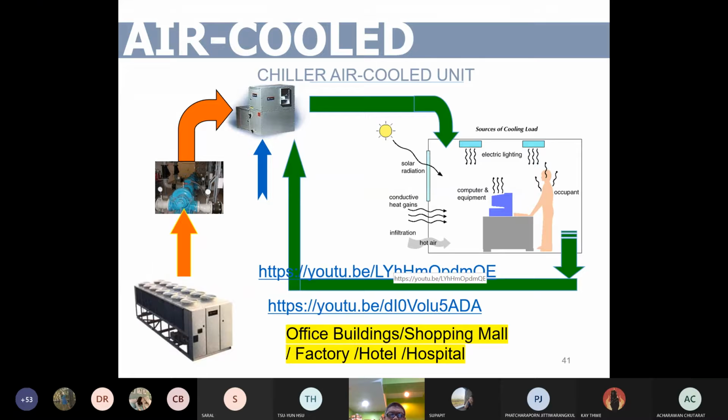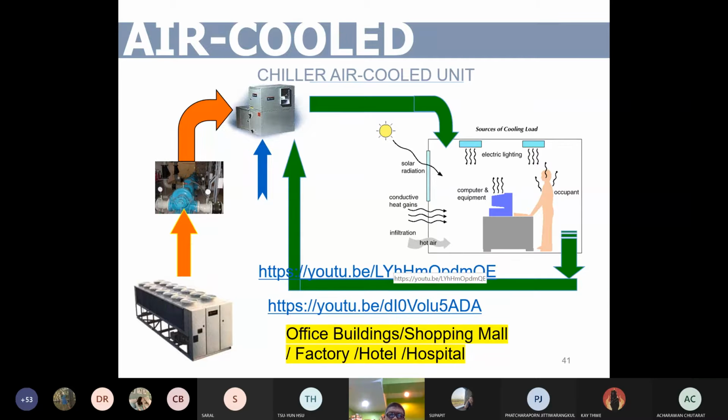But if you use air cooled chillers, you may turn on only 80% or 70% of the chillers and make the whole building cold, because the load in each room is not the same. So they are sharing the load in the building.